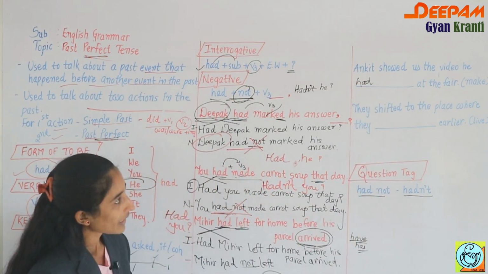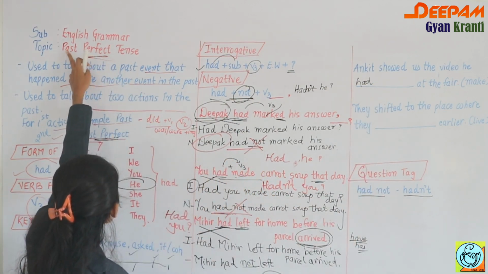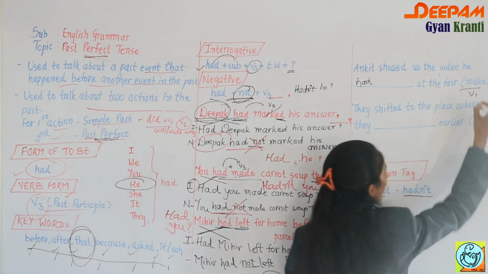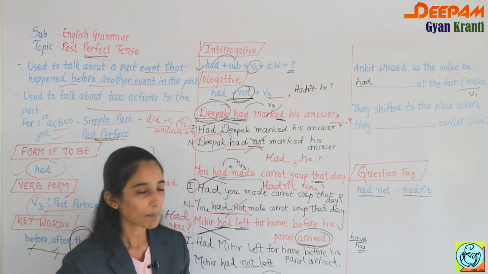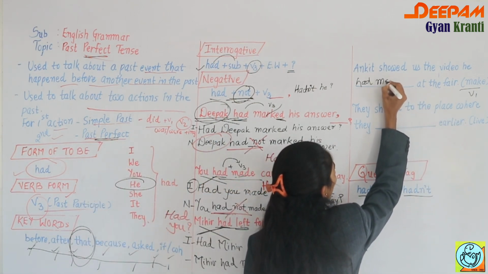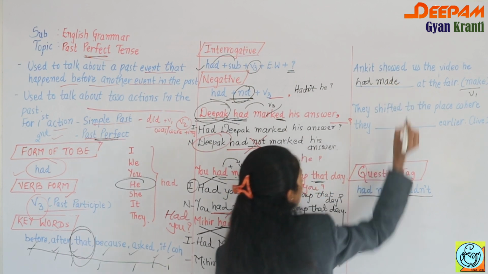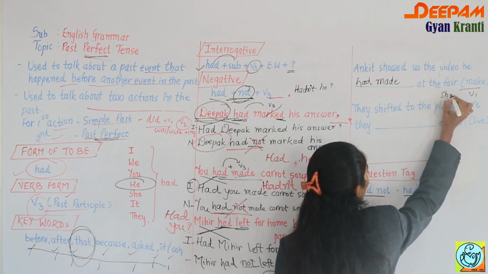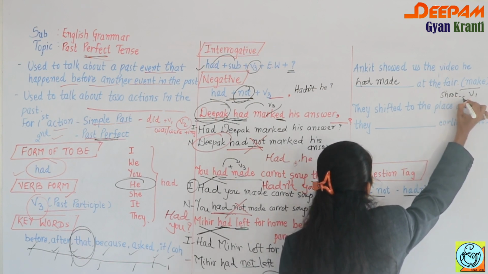Then what do we have to make? We have to form the past perfect tense. So here make is V1, so we have to change it into V3, that is the past participle. So what is the past participle of make? So had made.